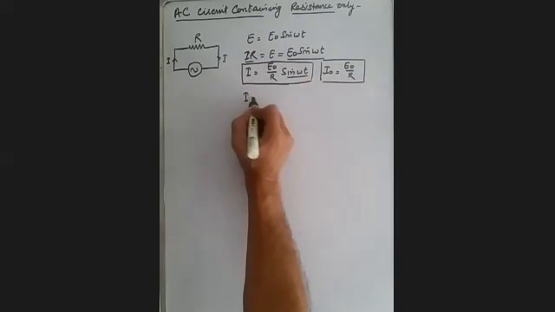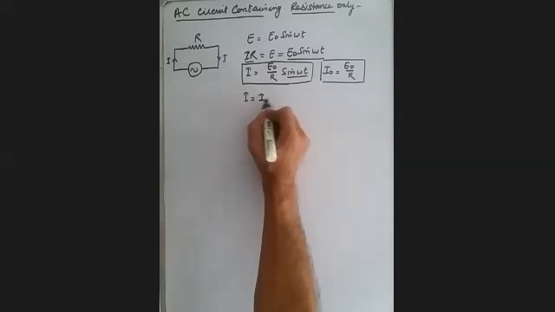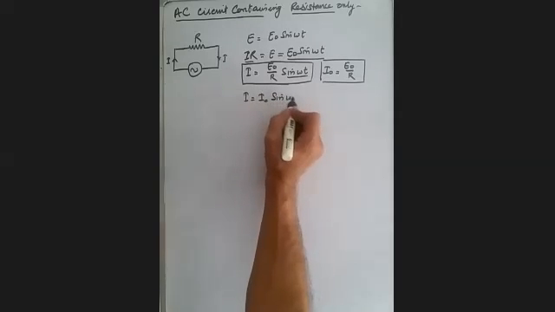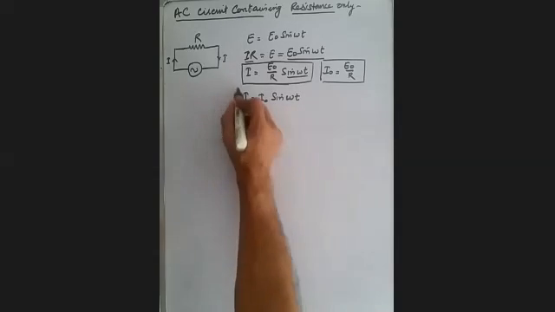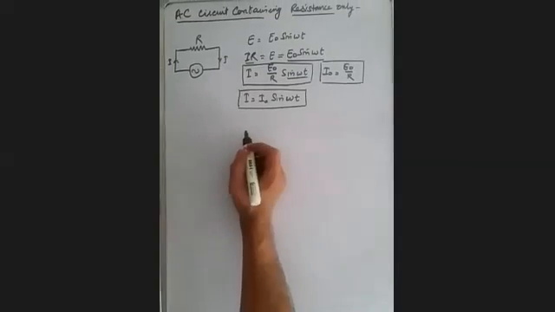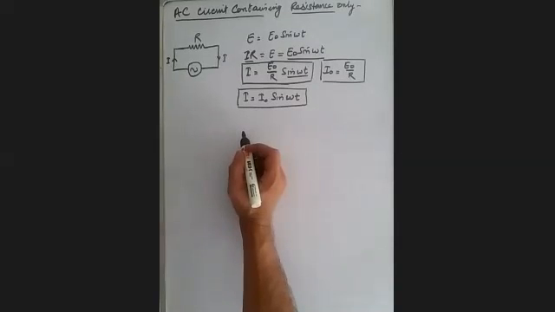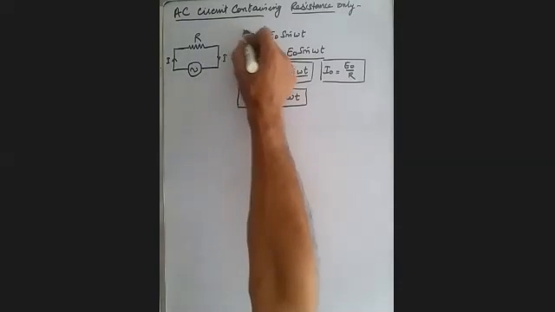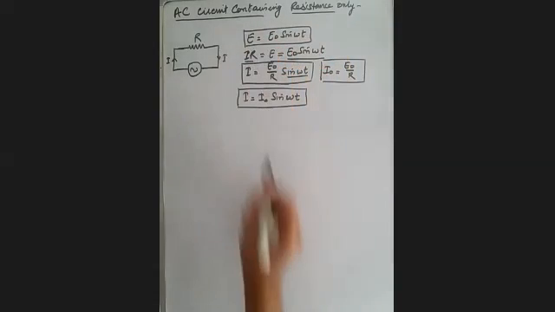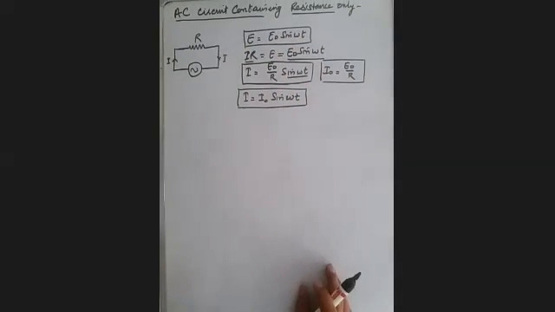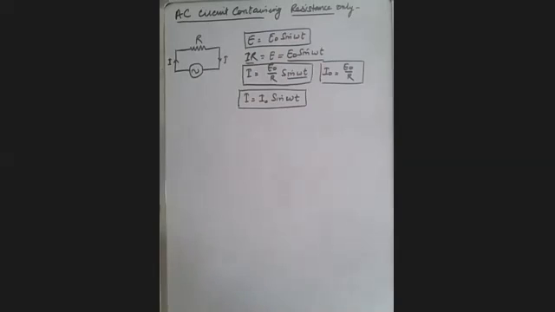So what we get is I is equal to I naught sine omega t. This is the form of alternating current that is passing through this resistance. And this is the form of EMF that has been applied across the ends of the resistance which is connected in the circuit.